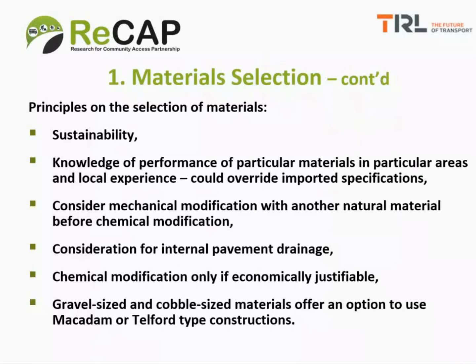That means use only the required quantity and quality of materials for your project without wasting material unnecessarily. The second principle that you should bear in mind is that the knowledge of performance of particular materials in particular areas and the local experience gained in use could override imported specifications.